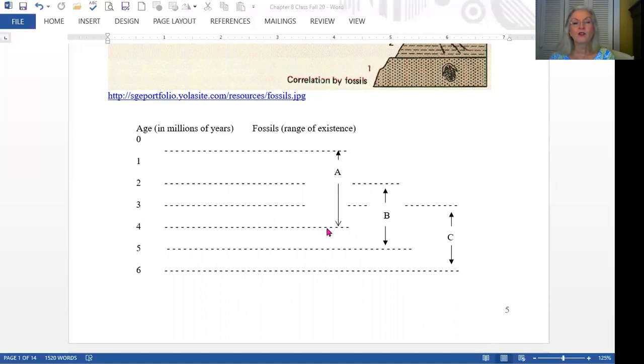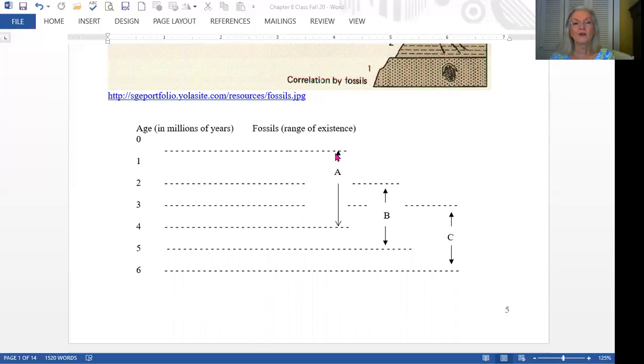At 4 million years ago, were they all 3 alive? Yes. A was just barely here, and B and C were well established. So we know that at 4 million years ago, all 3 would have been around. All right?